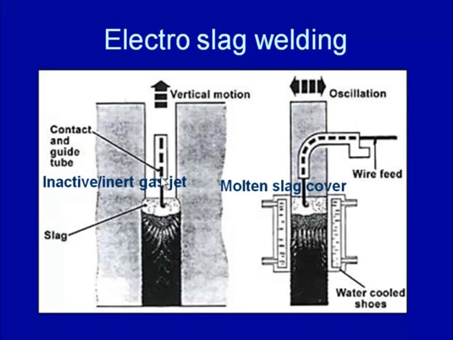In the electro gas welding process, the molten slag and flux are protected with the help of inert or inactive gas supplied all around, to protect the weld pool, while in the electro slag welding process, the molten slag helps to protect the molten weld pool from atmospheric contamination.